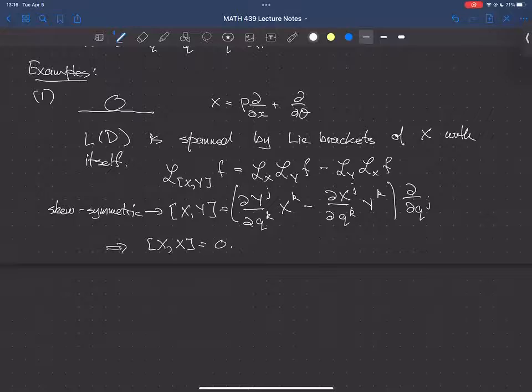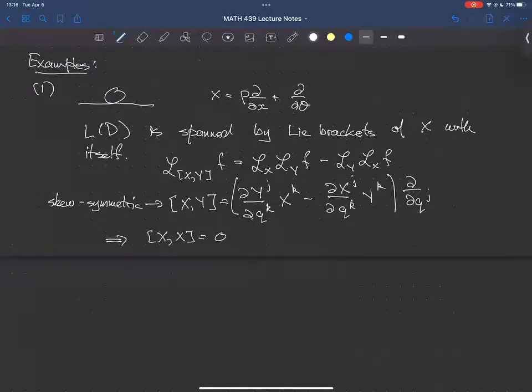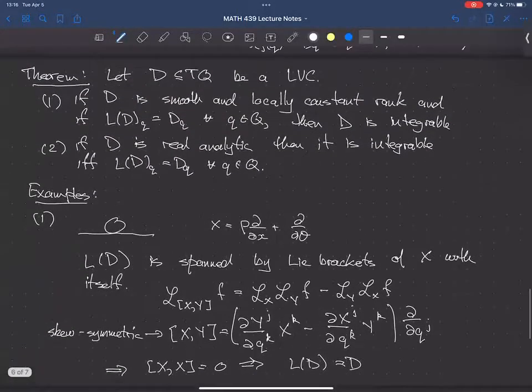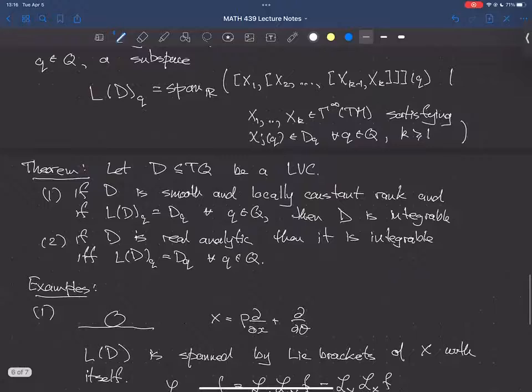And so that immediately implies that L of D is equal to D. Because the Lie bracket of X with the only vector field that spans D is X, and the Lie bracket of that with itself is equal to 0, I only need to worry about the case where k is equal to 1.